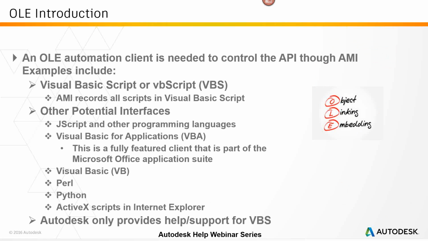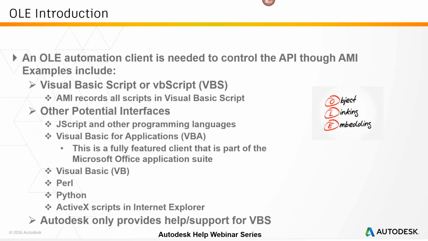So if you use a macro, for instance, the product of your macro is a text file that is in VB format. Now you can use other interfaces and formats. If you like JScript, if you like VBA, which is kind of an offshoot of Visual Basic Scripting, it's more of a compiled format than an implicit format.